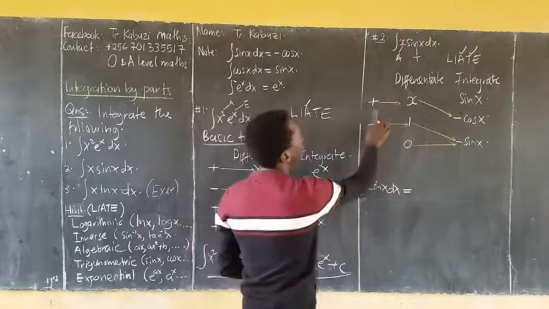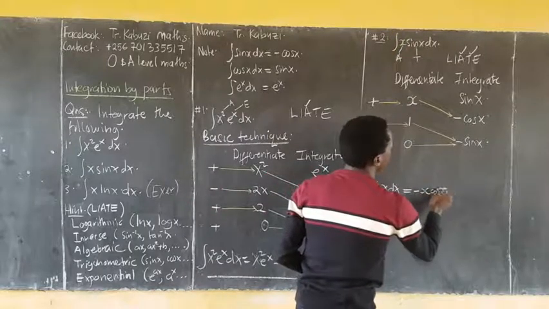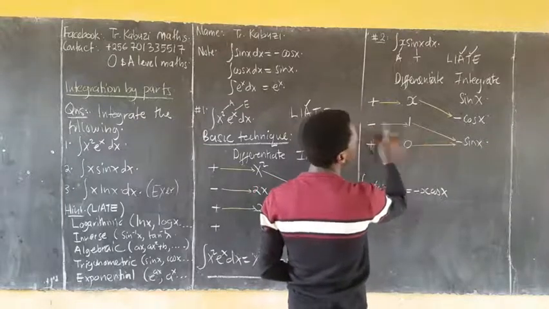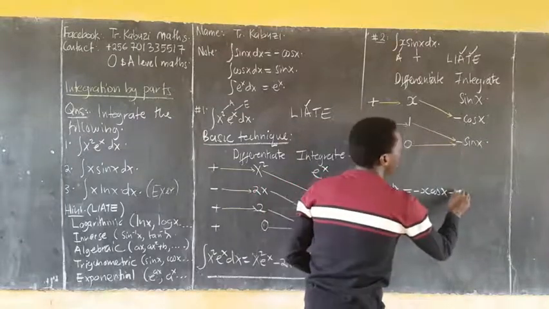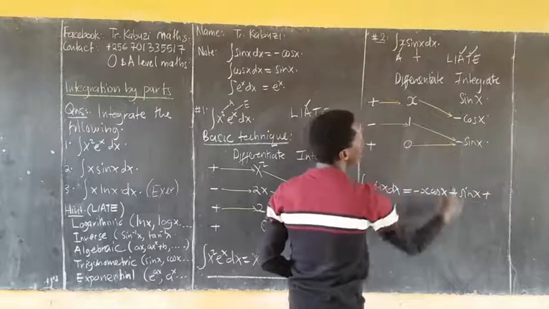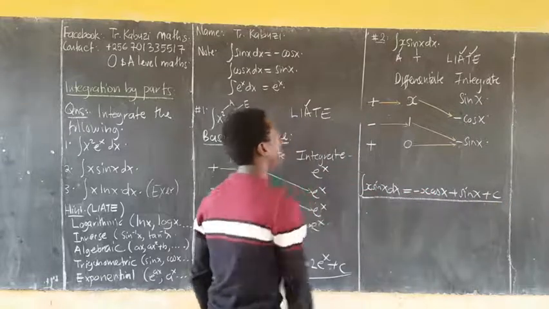Now this times this, I have negative x cos x. This times this, a negative times a negative, I'll get a positive, then sine x. Then this times this is a 0, then I put a constant of integration.